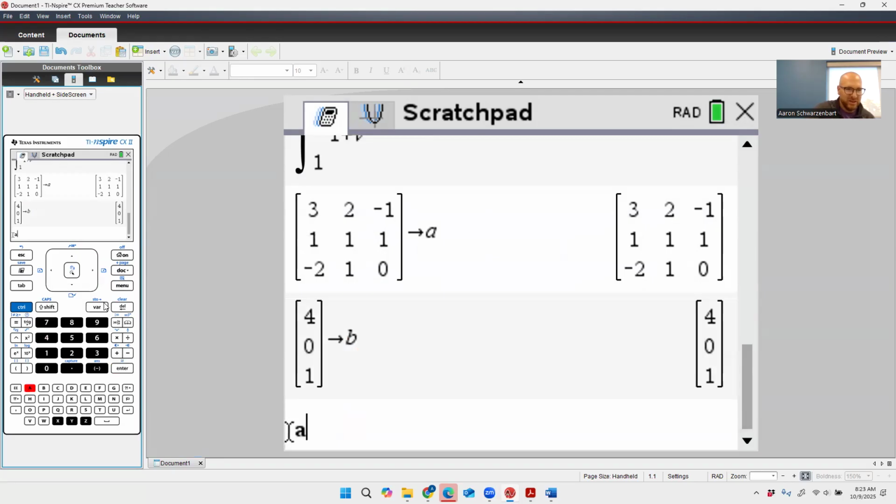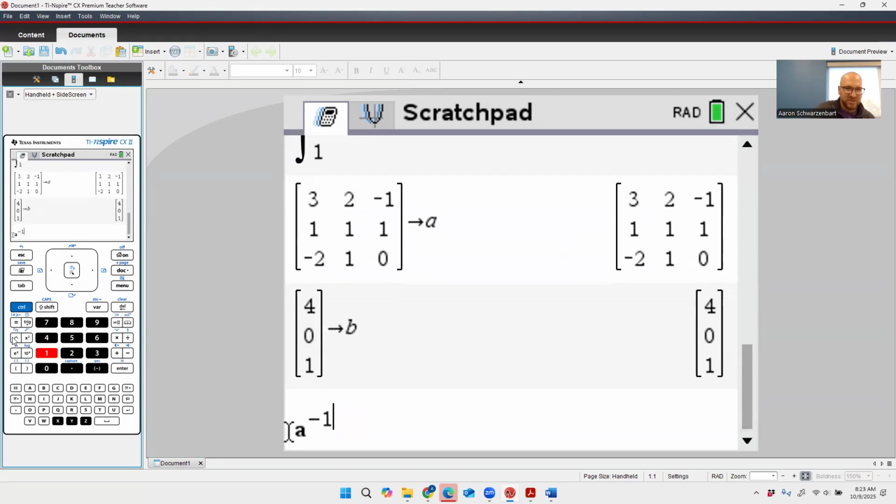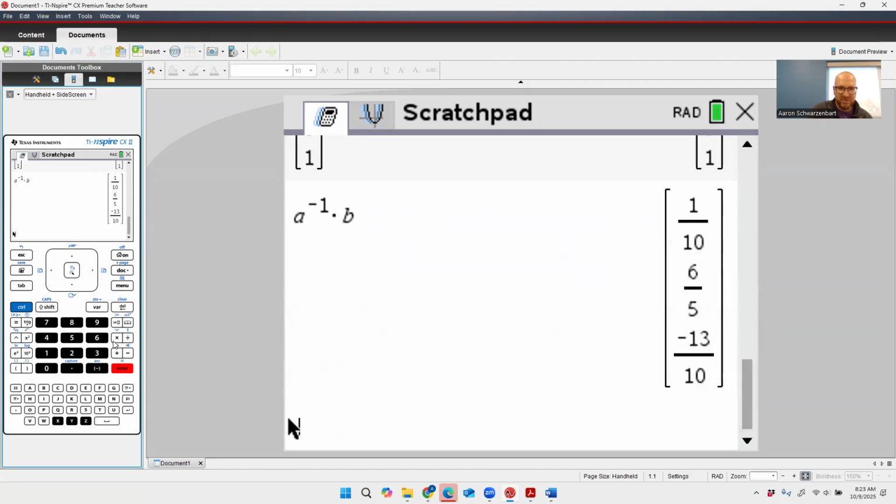Now I can just do A inverse B. I'm not sure that this is any quicker for this type of problem, but if I need to use them multiple times, storing them can become very useful.